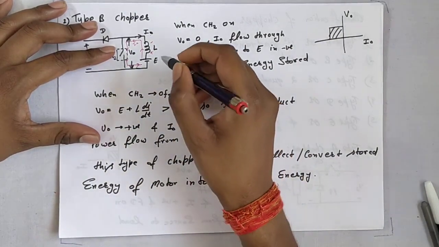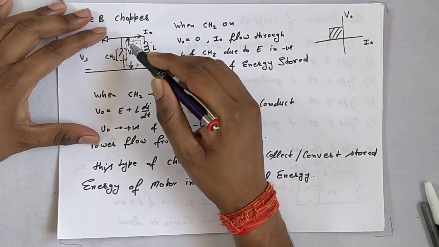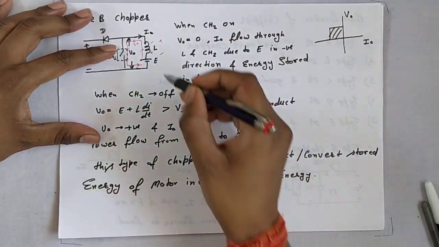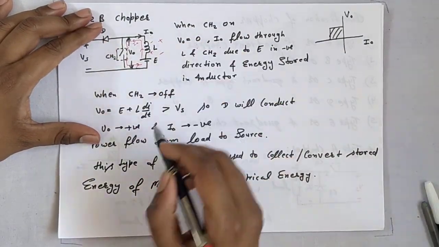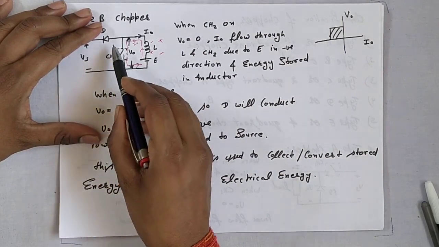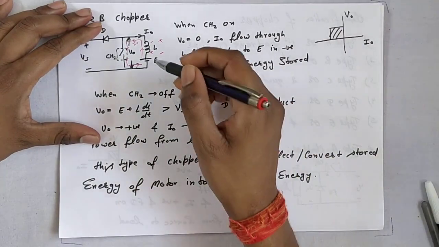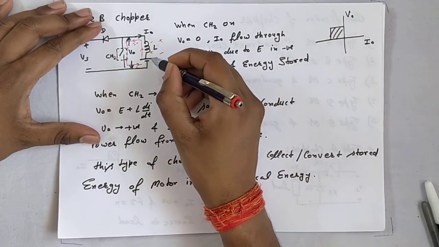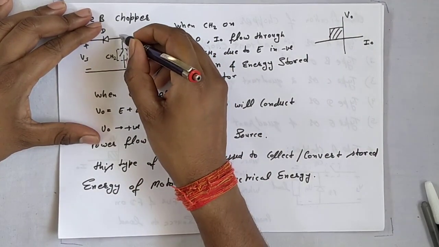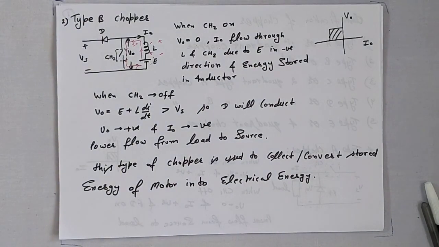So this inductor will deliver its stored energy to the circuit in this polarity. This voltage is E plus L dI by dt, which is greater than Vs. D will conduct. So the output voltage is positive but current is negative. Power flows from load to source.